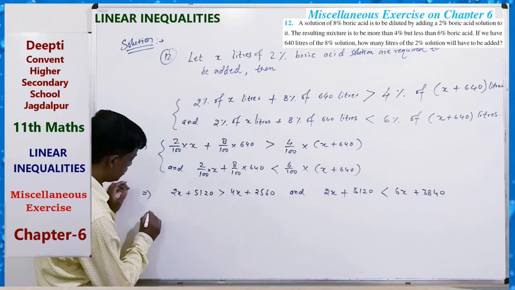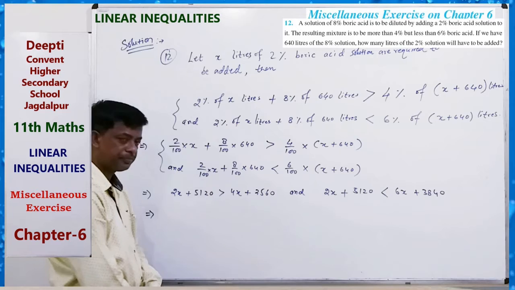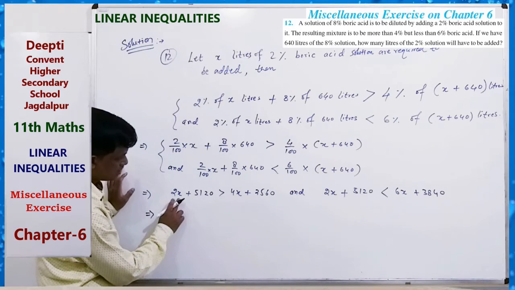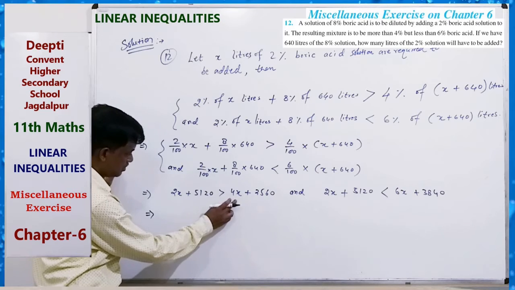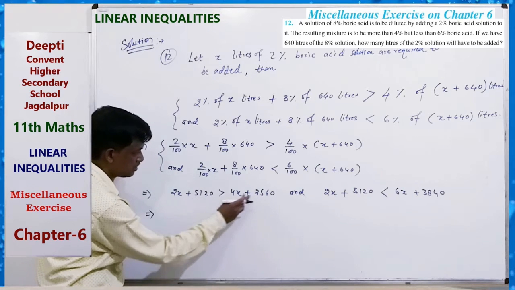Okay, now we can solve the two inequalities. So here 2x, 4x, we can subtract on both sides.